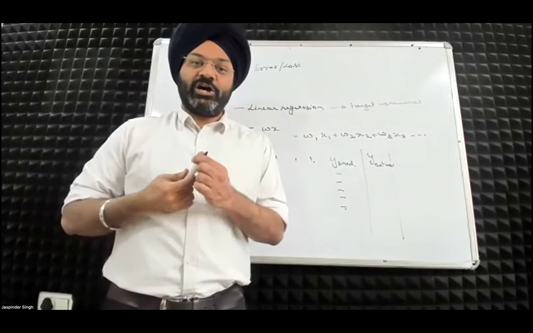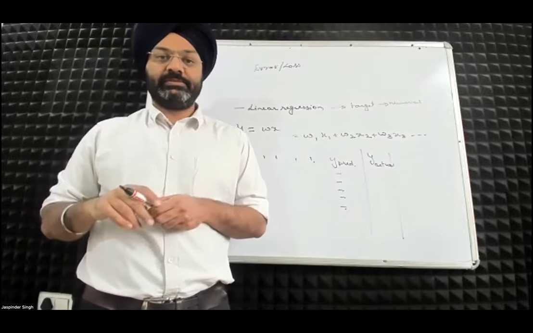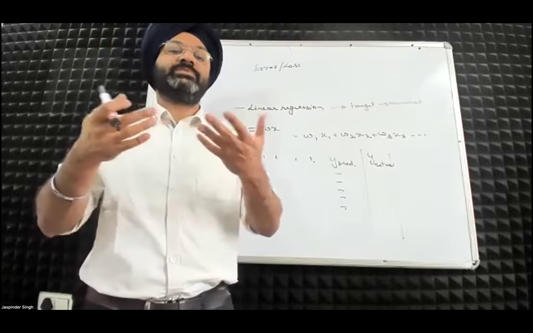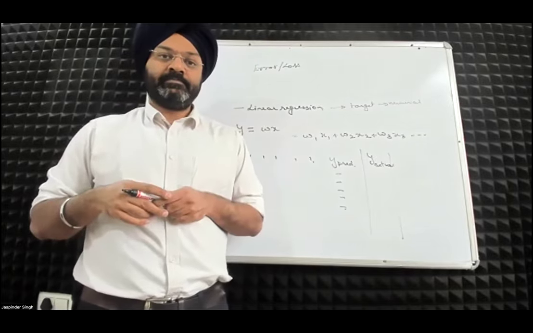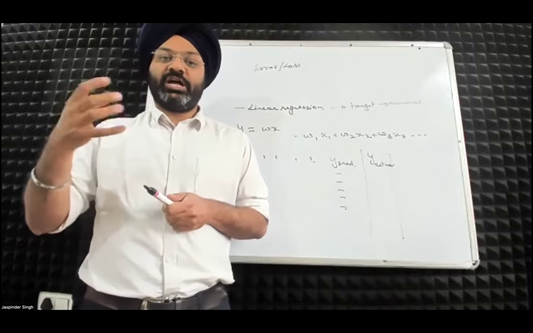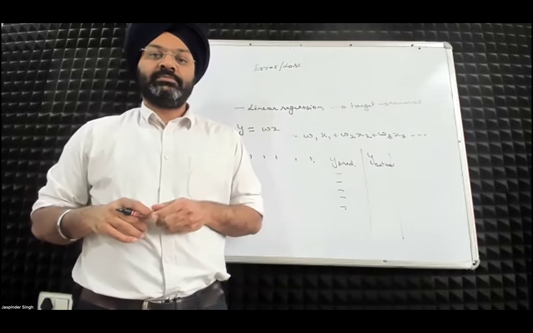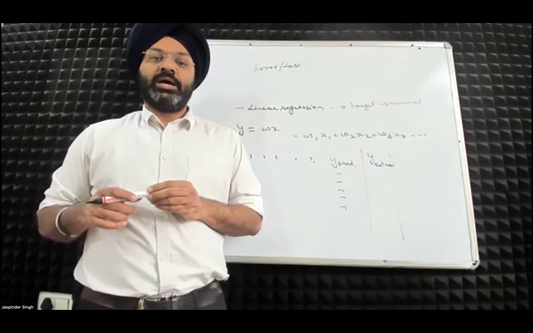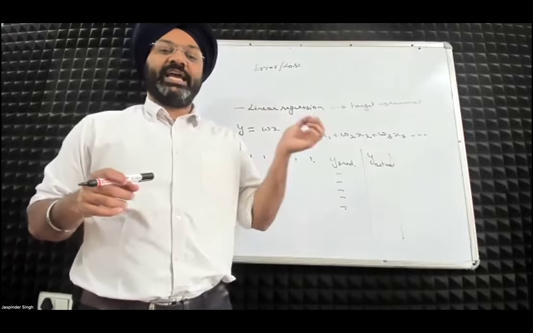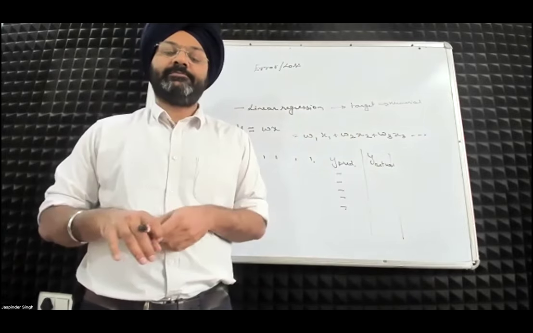The error or the loss function dictates how I should be changing my weights. How do I adjust my weights? Then I adjust my weights. Let's say the model has 2000 iterations. In the next iteration, I adjust the weights, I calculate the y predicted again, I have the y actual again, and I again find the error.